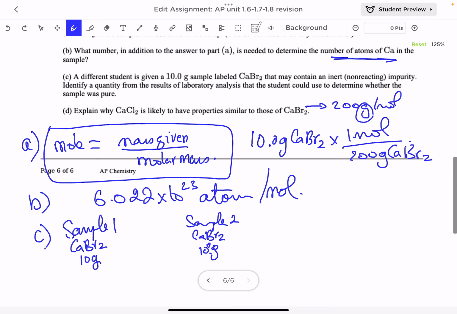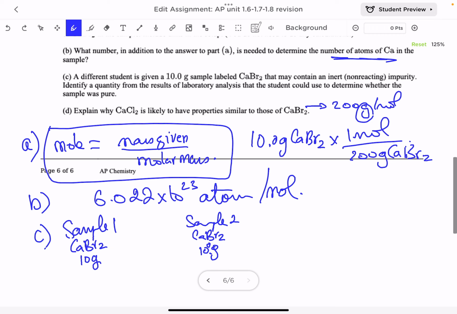However, the second sample may contain some impurities, and the impurities will not react. So if this compound is reacting with something else, we're going to get less product obtained, because part of it is not going to react due to impurity.